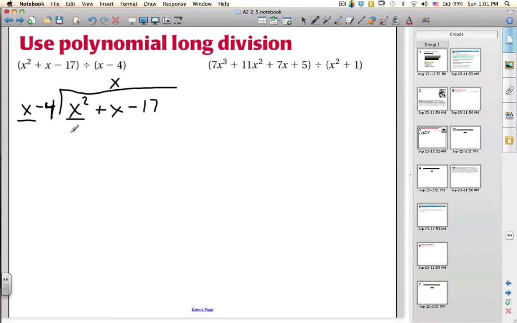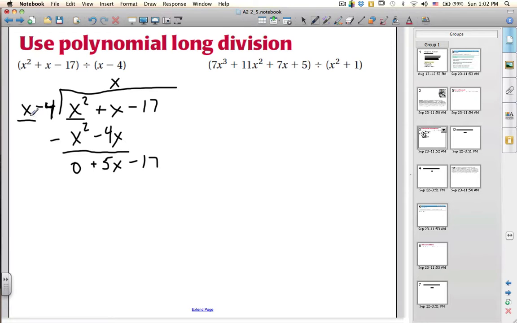So x times x squared is x squared, and x times minus 4 is minus 4x. Then we subtract. x squared minus x squared is 0. And this is where it gets a little complicated. x minus negative 4x is 5x. And then I'm going to bring down the minus 17, and I'll repeat the process.